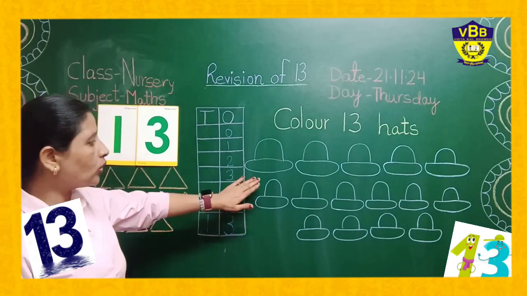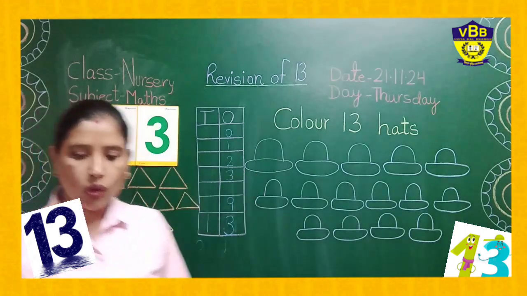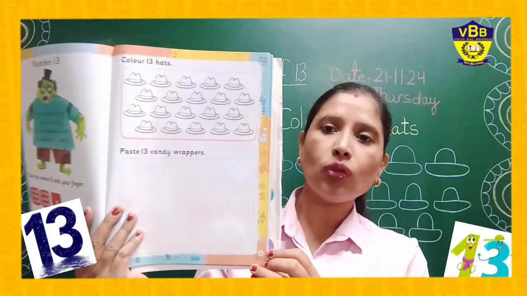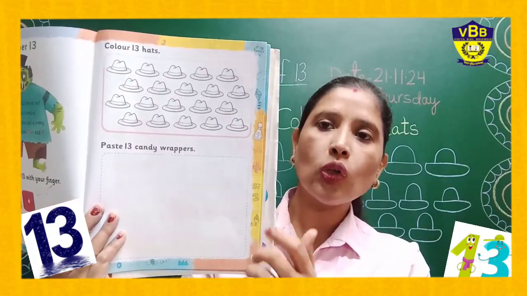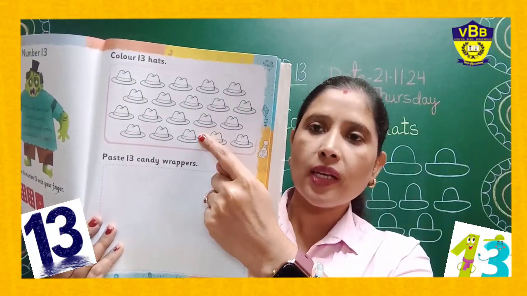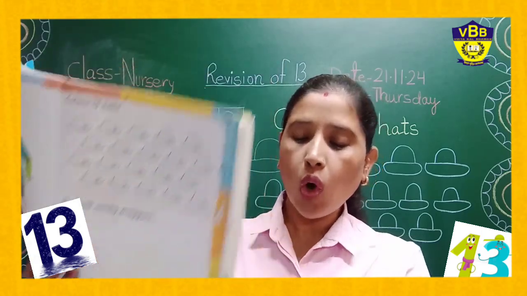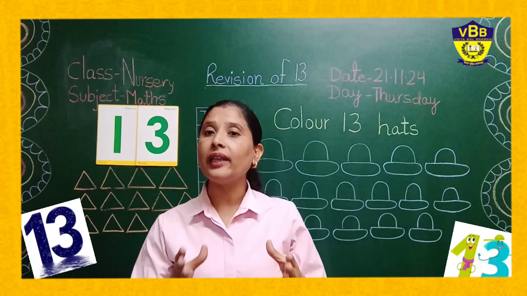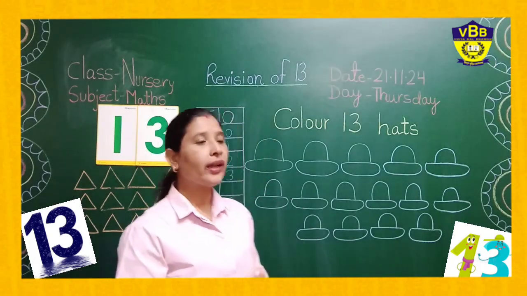Now I come to the exercise part. On page number 93, you can see there are some hats. You have to count all the hats and color only 13 hats. Let's do the counting.